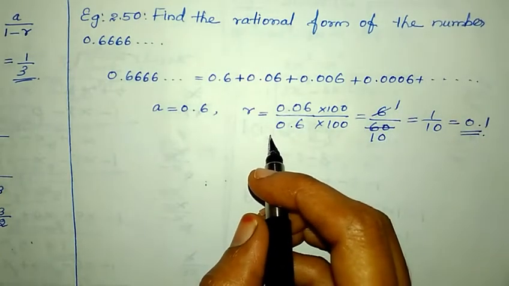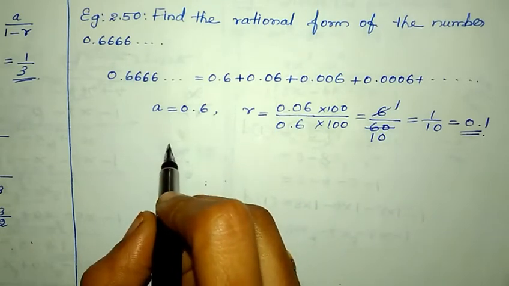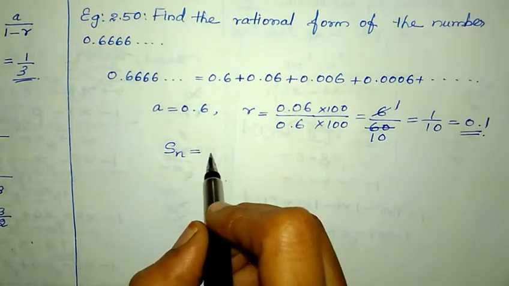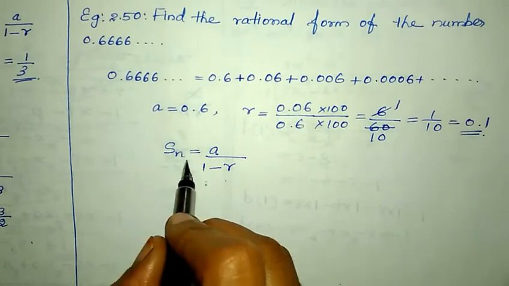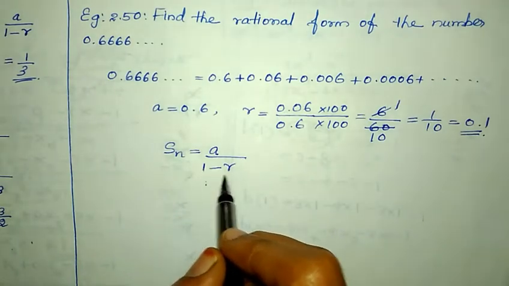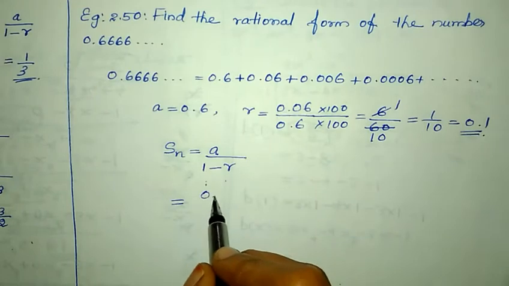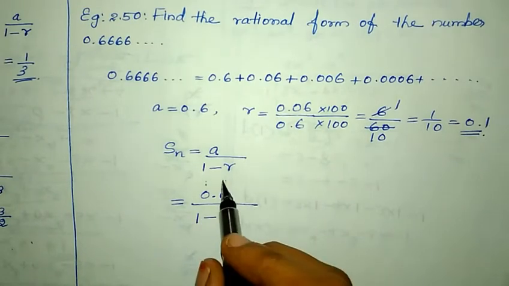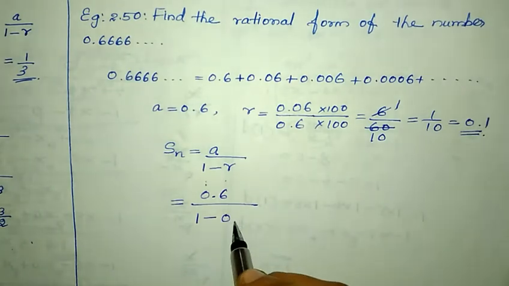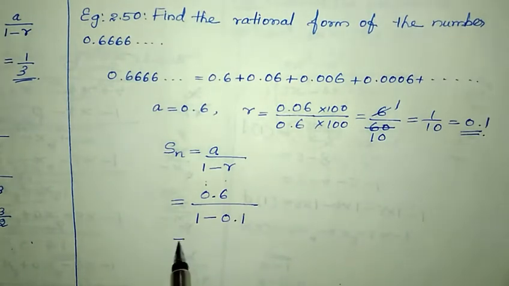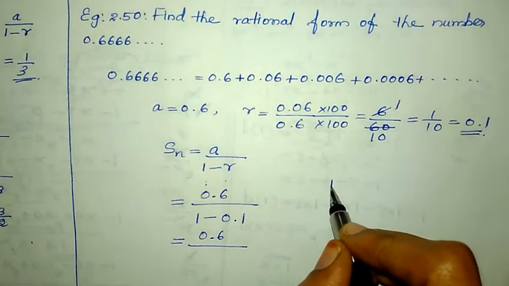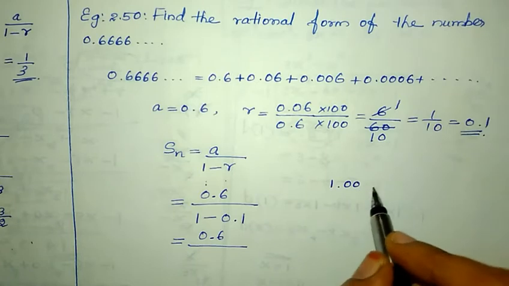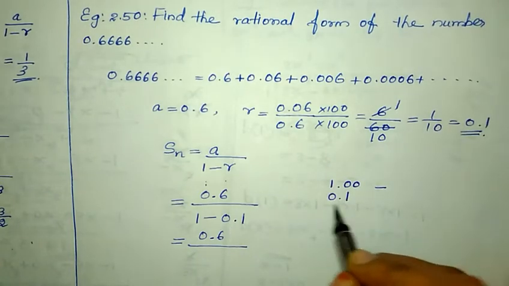To find the sum of the infinite terms of the GP, we have the formula, that is Sn is equal to A by 1 minus R, which is equal to A is 0.6 by 1 minus R is 0.1, which is equal to 0.6 by 1 minus 0.1. 1 means 1.00 minus 0.1.